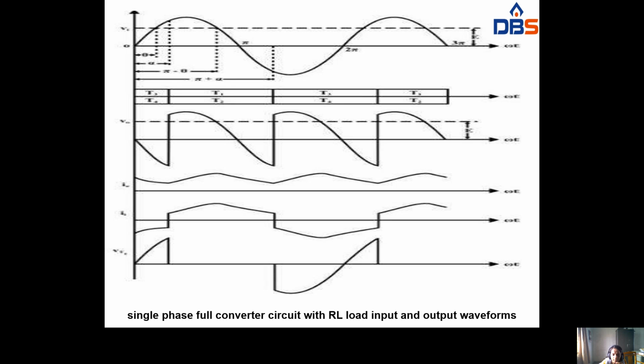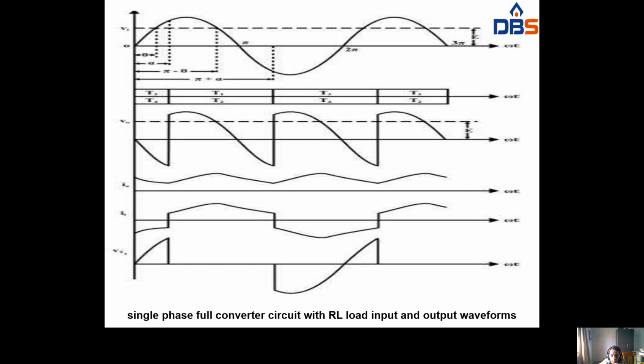Why? Because at the start T1 and T2 will be operating, and also the inductor current flows, so the current will not be zero. And this is the source current, and these are the thyristor voltages. So the waveforms will be like this for the full wave circuit with RL load.